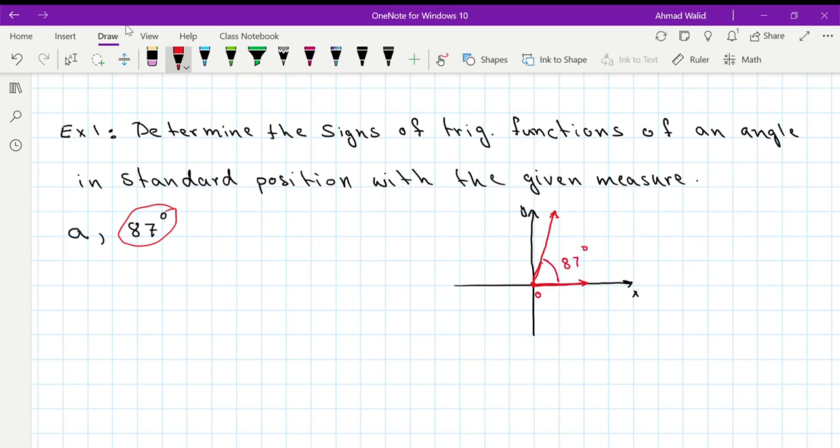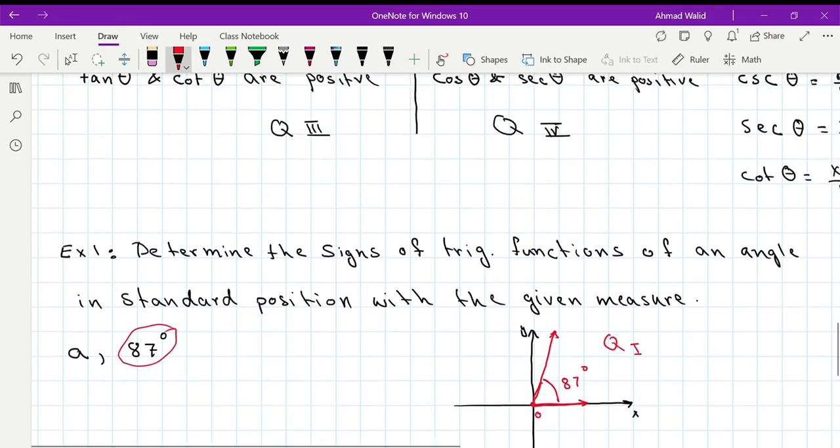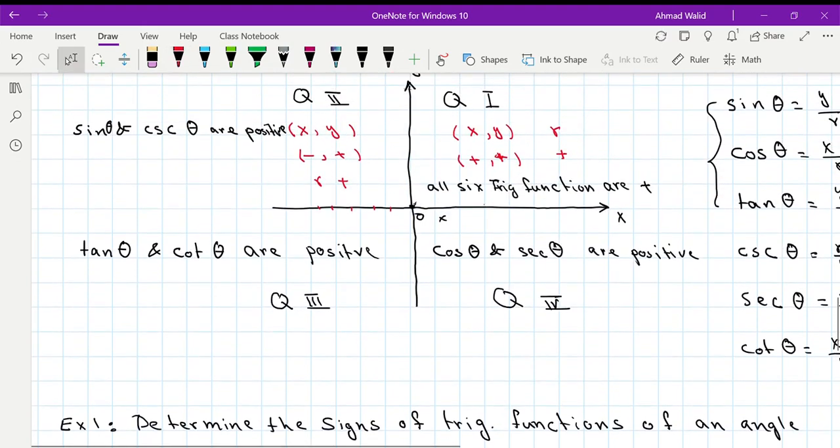Now, you see, this is your quadrant 1, correct? Your angle lies in quadrant 1. Then let's see what that says. Look at this chart that I drew for you. If your angle is in quadrant 1, all 6 trig functions are positive.